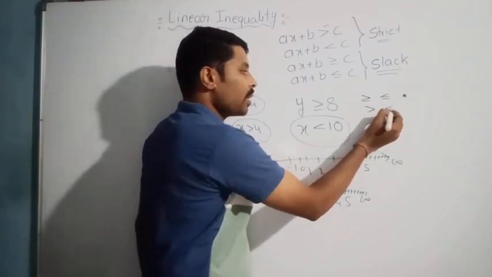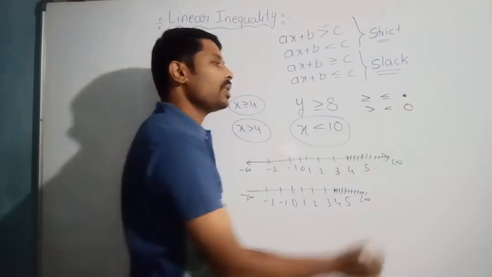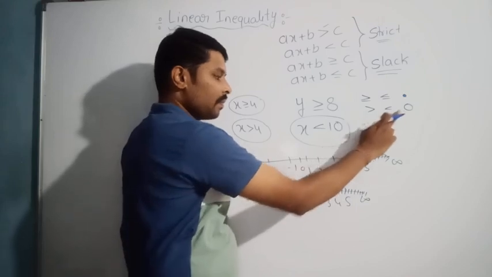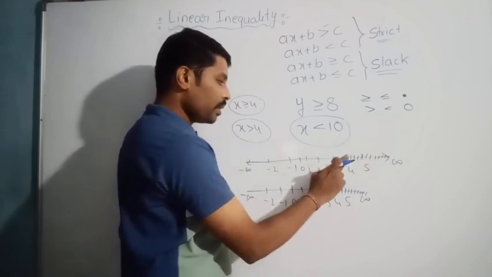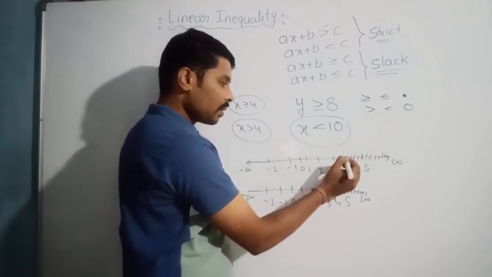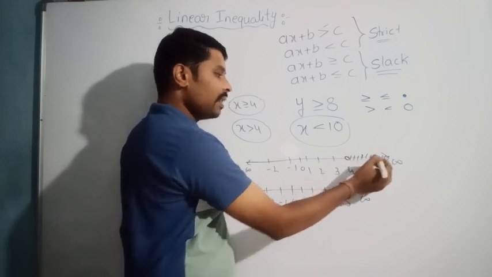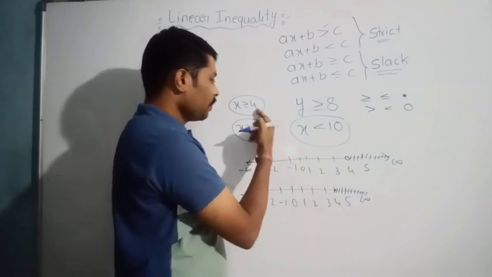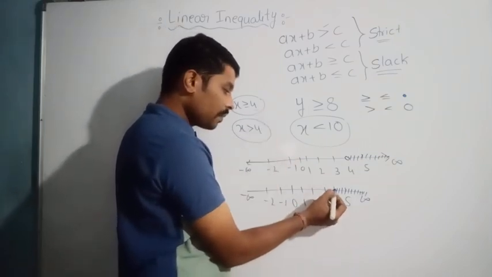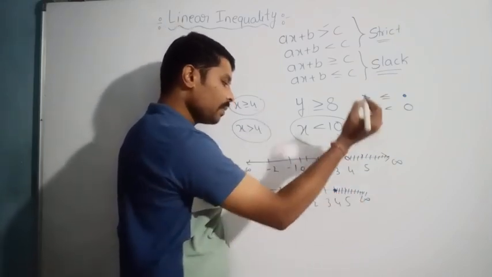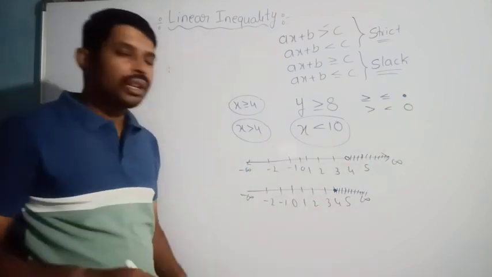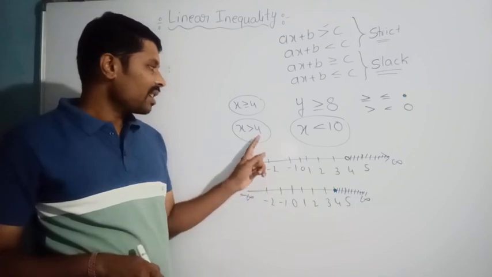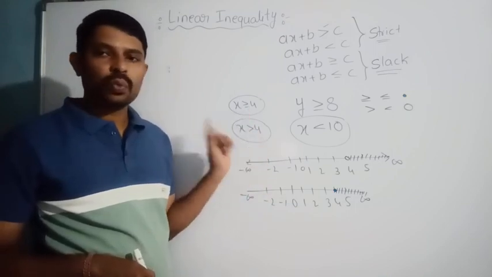Whenever strict inequality will come, we will show it with a blank circle. See here, x is greater than 4 means 4 is not there, so at 4 a blank circle, and remaining all the numbers greater than 4. But here 4 is also included, so a dark circle at 4, and the remaining continues. I hope the difference between greater than and greater than or equal to is clear.